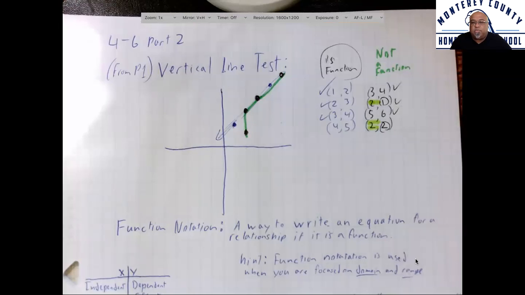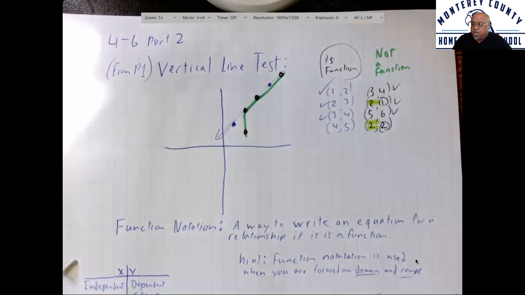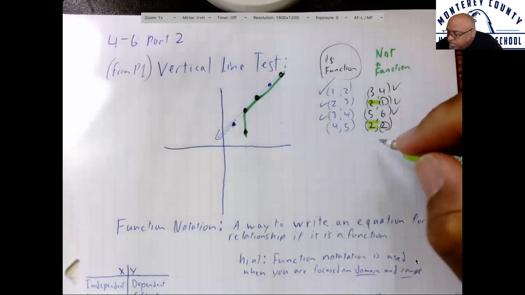Because if your x values repeat, then that means that you're going to end up with a vertical line somewhere in your graph, okay? If you get a vertical line, then for our purposes, that's considered not to be a function, okay? Now, some of you might be thinking, well, what if the y value repeats? So let's just say I put down another number here.